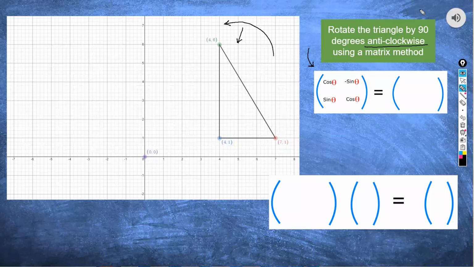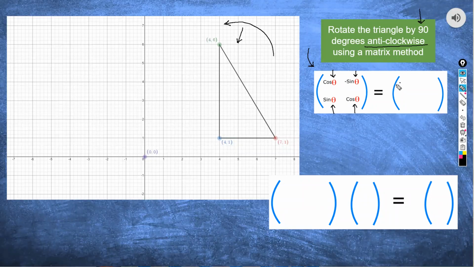If the examiner were to tell you 90 degrees, all you have to do is replace everything in red with 90 degrees. If he told you to rotate it by 270 degrees, you would replace everything in red with 270.